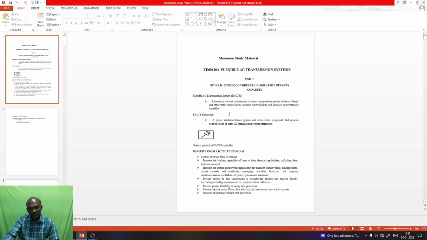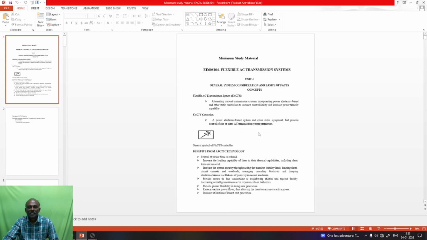So using the so-called FACTS devices, we can improve the capability of the power system, especially the transmission system. The devices used in a FACTS system are known as FACTS controllers. They are power electronic based switching devices and other static equipment that provide control of one or more AC transmission system parameters.